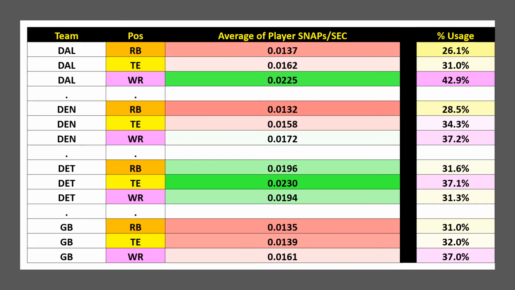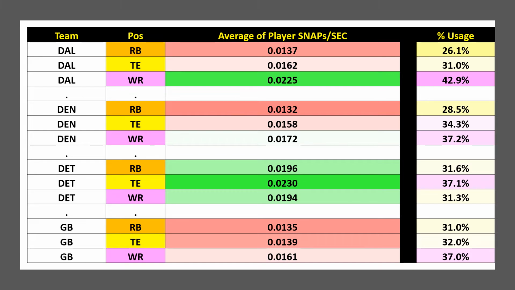Dallas, Denver, Detroit, Green Bay. Dallas is underutilizing Zeke. The tight end 31, it's not great, but it's not terrible. The passing 43%, it's fine. Looks like you want depth there.